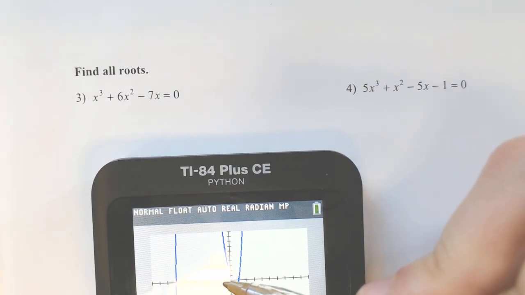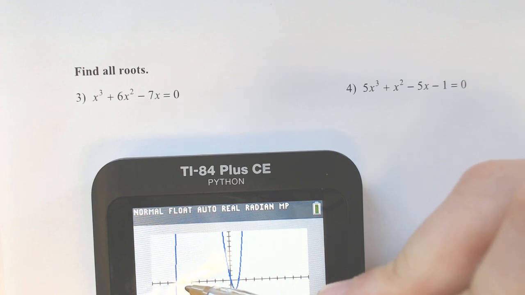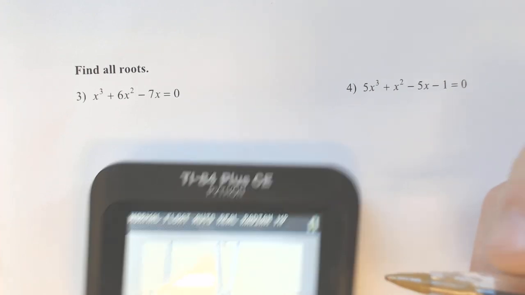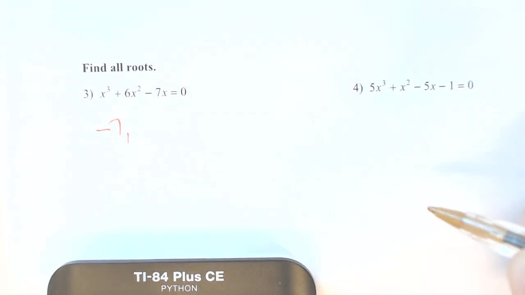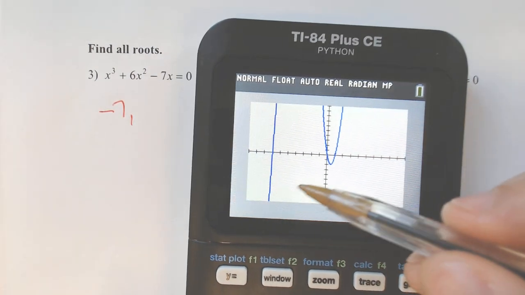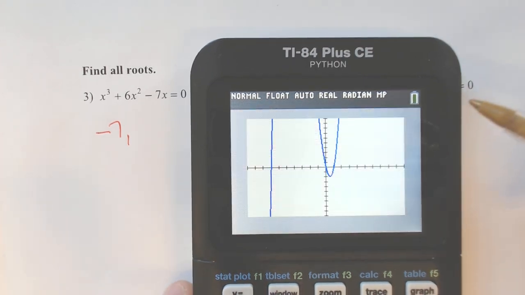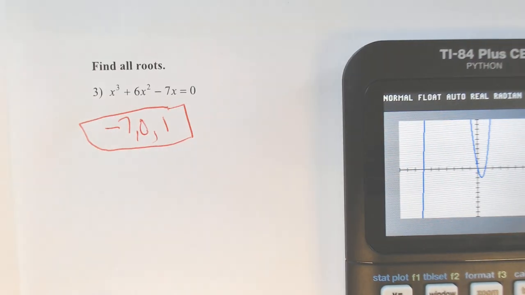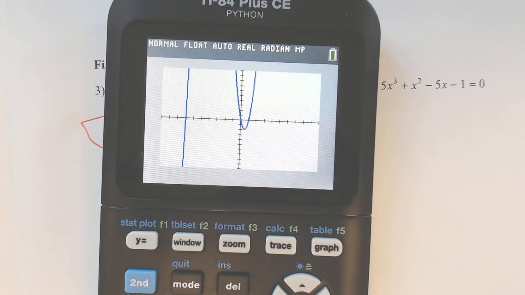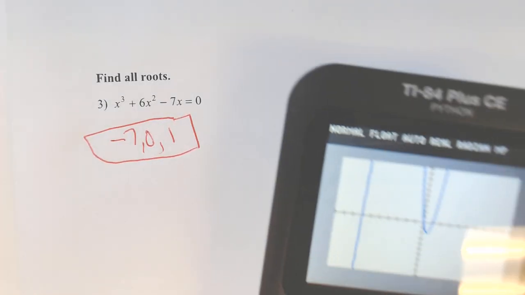This one is at -1, 2, 3, 4, 5, 6, 7. I hope. Yep, 7. So -7. The other ones are at 0 and 1, and those are a little easier to see. So I write them down, 0, 1, and I am done because they all went through perfectly, which is rare if you're using a graphing calculator because that's just a little too easy.